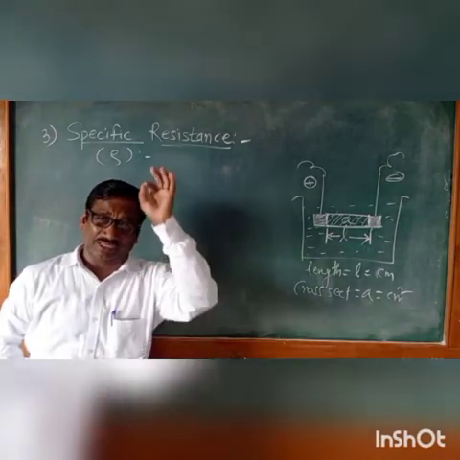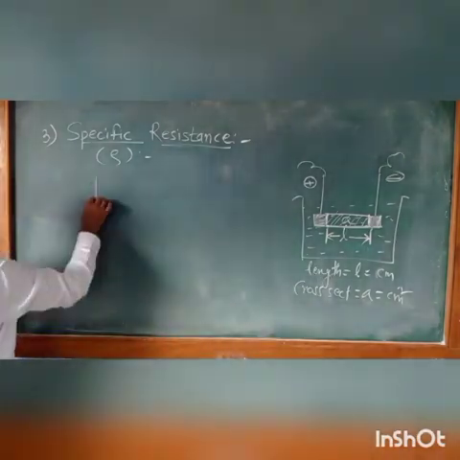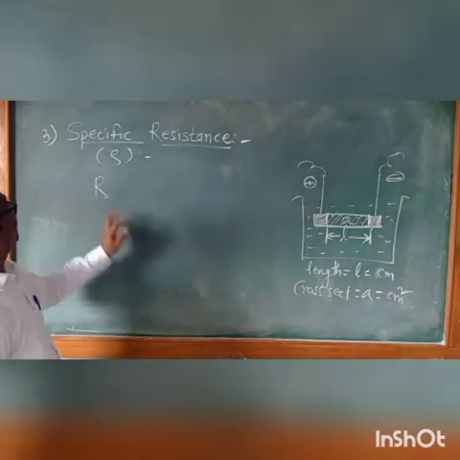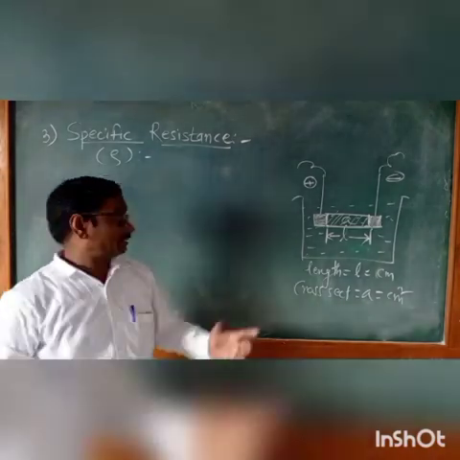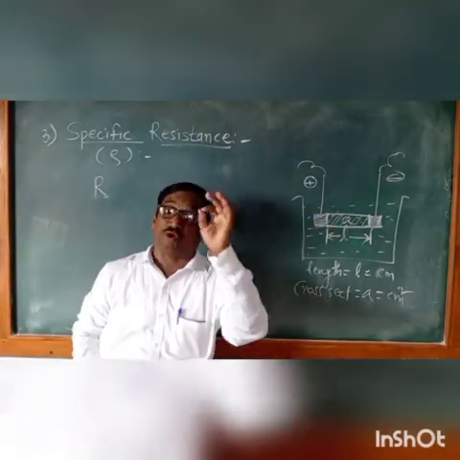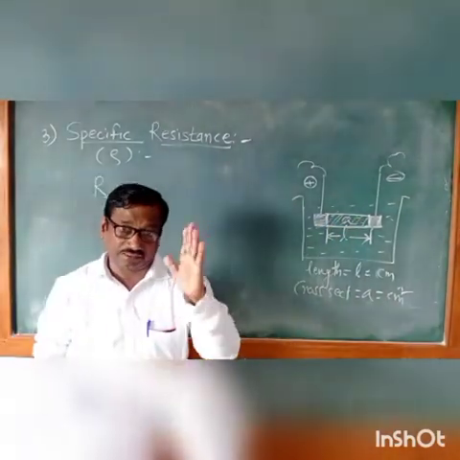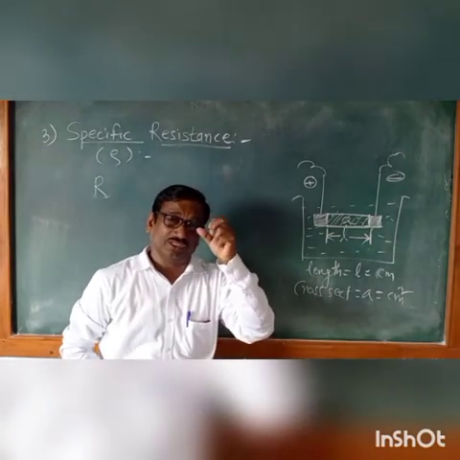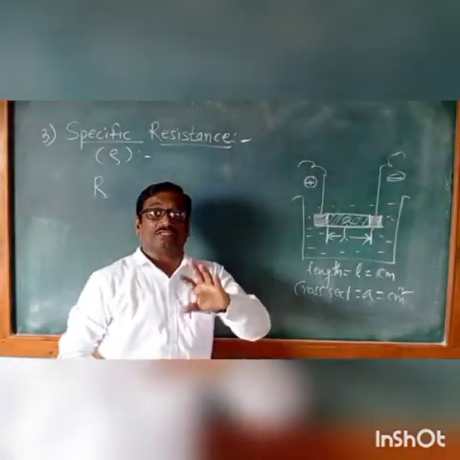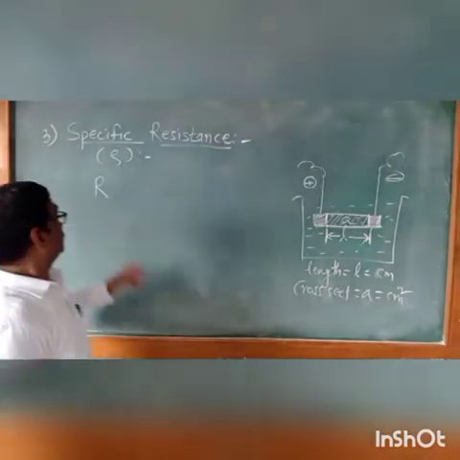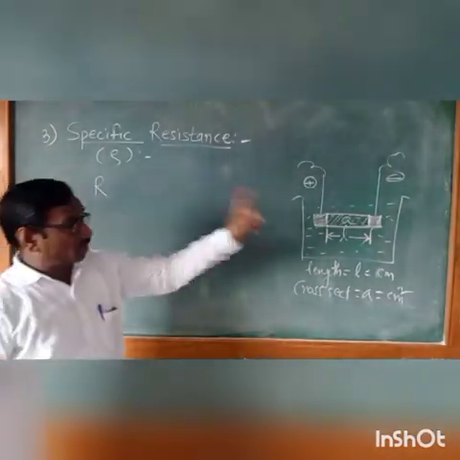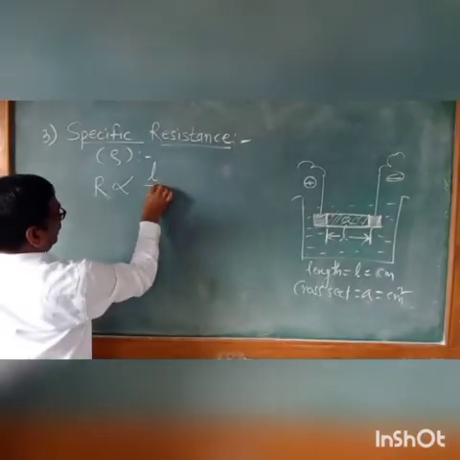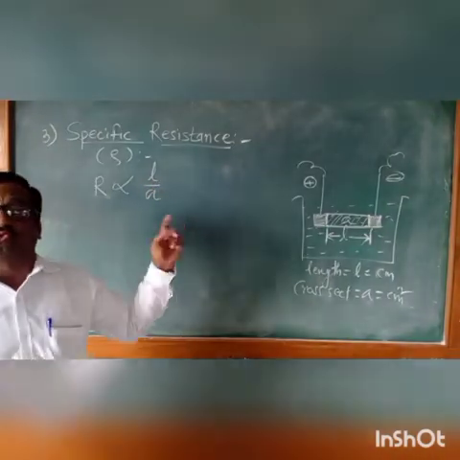Remember, it is a very simple equation. The resistance R of a uniform conductor: this solution is a uniform conductor because it has the ability to carry electricity. The resistance of this uniform conductor is directly proportional to L and inversely proportional to A.